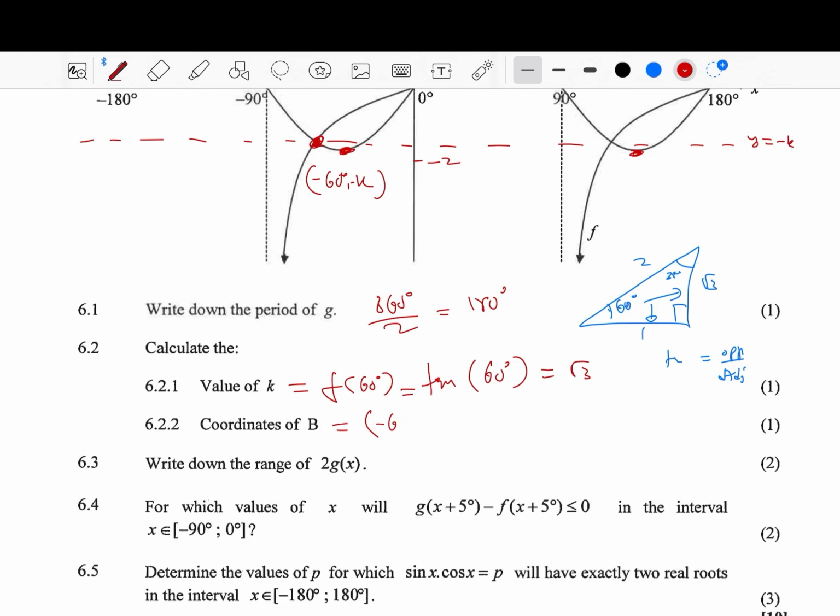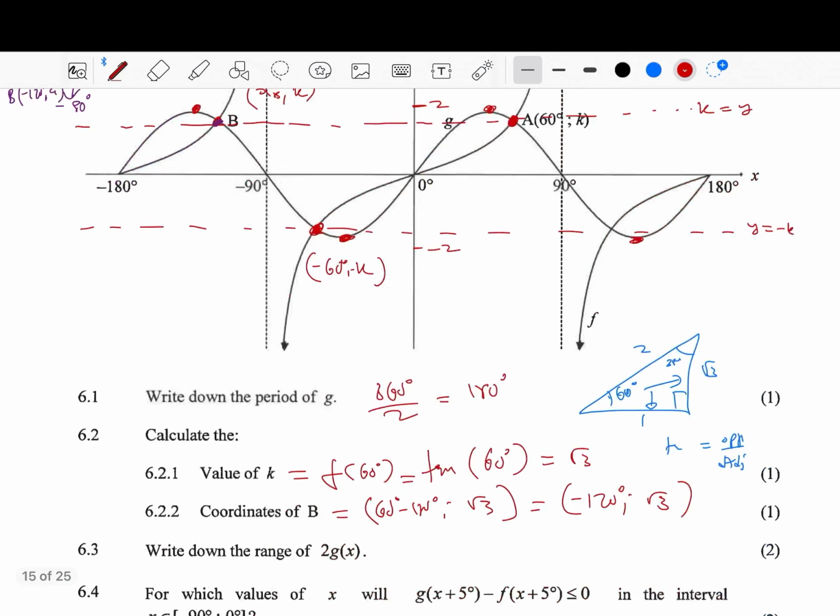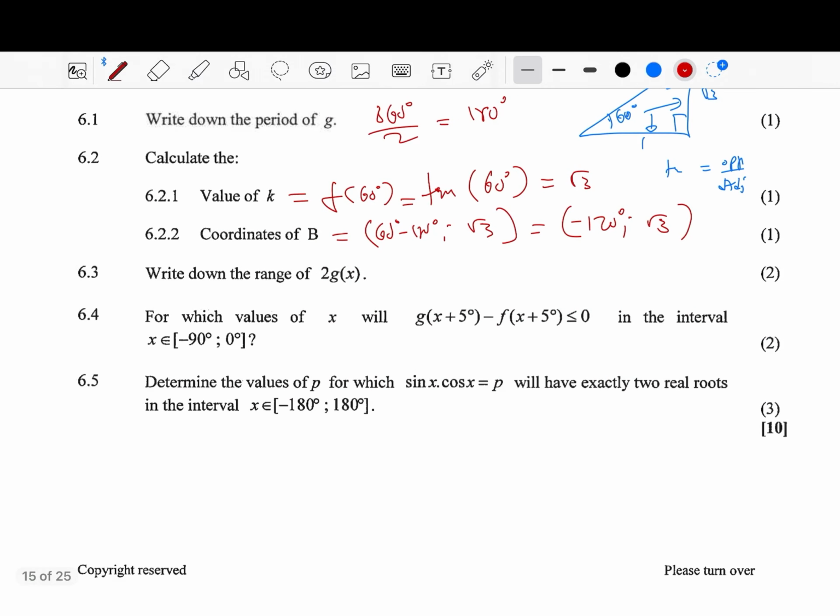That's not negative 60 degrees, rather, it's going to be positive 60 degrees. So it's going to be 60 degrees minus 180, which is negative 120 degrees, square root of 3, and that's your answer. Negative 120 gives square root of 3, and it's 1 mark.